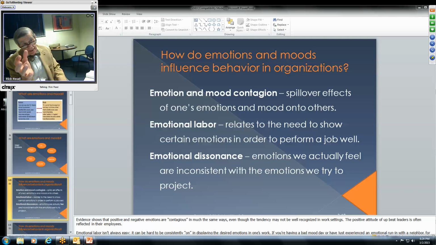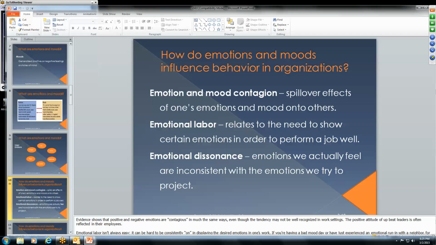everybody else. And emotional labor relates, and I want to read this to you because it's very important to get this concept, relates to the need to show certain emotions in order to perform well on the job. I don't know that anybody would absolutely think about that, but perhaps that's true.